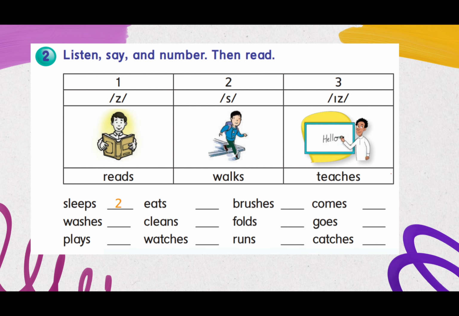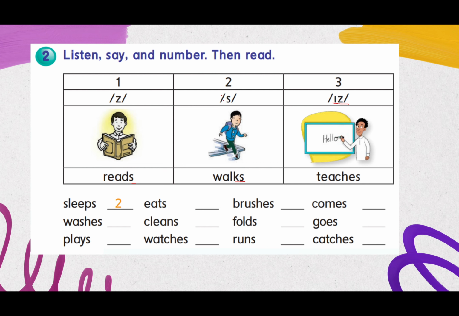So let's move on. Listen, say and number. So here, if I hear Z at the end of the word, like reads, walks. Here I hear S, teaches, is. So here I have three sounds that the word might end with. For example, Z in the word reads, so I will write number 1.